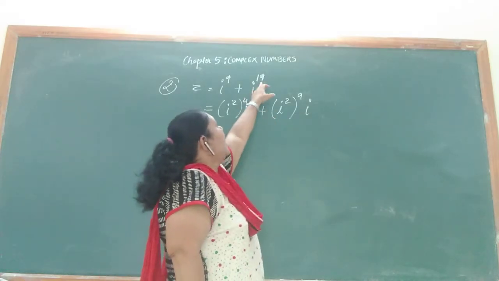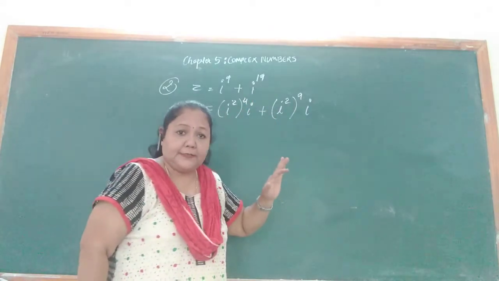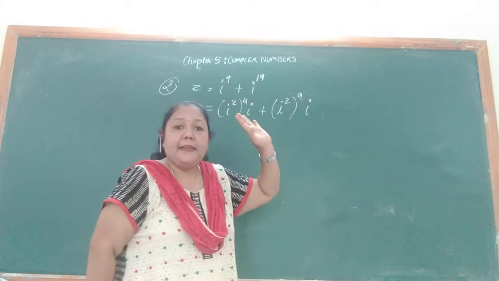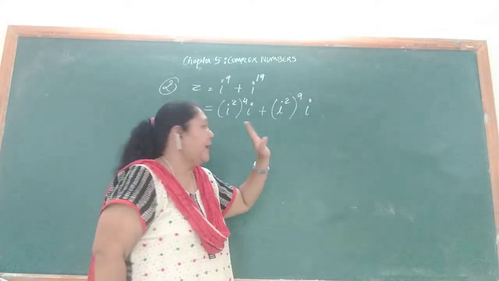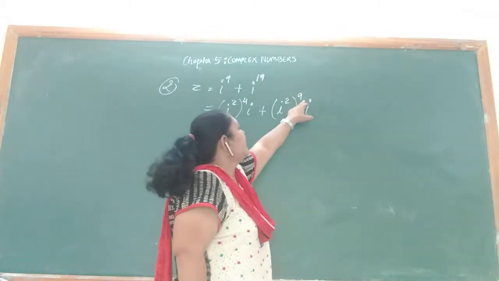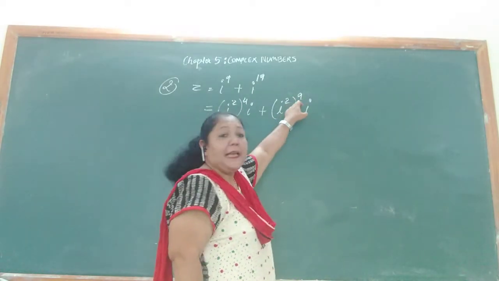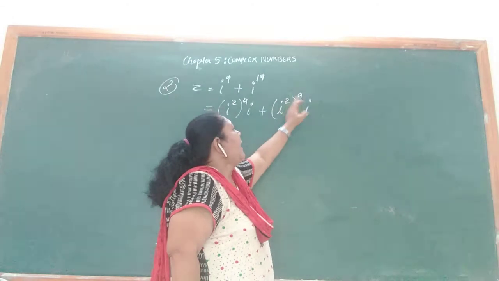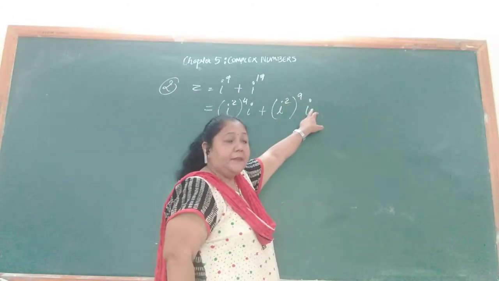Same way, i raised to 19 was there. 19 I can write as 18 plus 1. So I write it as i square raised to 9, since 2 9s are 18, and plus 1.